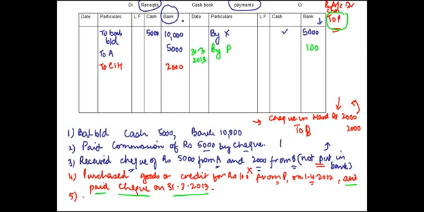5. Withdraw cash of rupees 100 from bank. Right? For this, what will I do? I will receive cash. Cash balance increases. So I will say to bank. How much? 100.